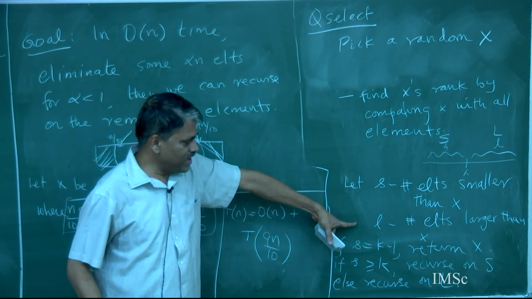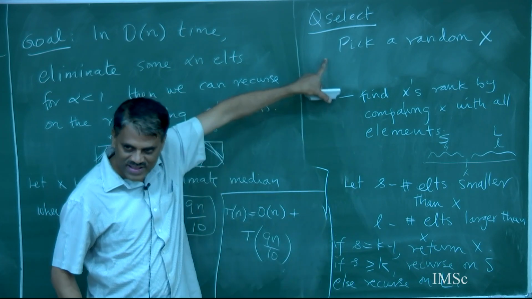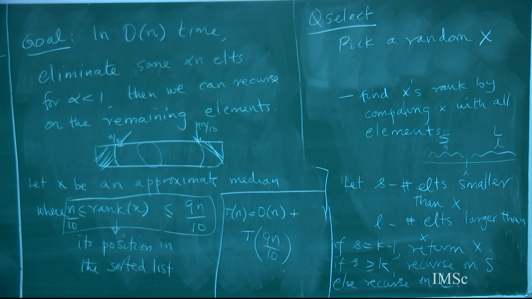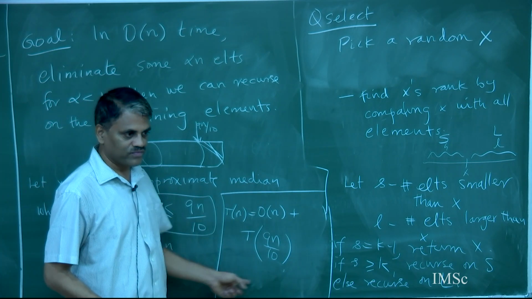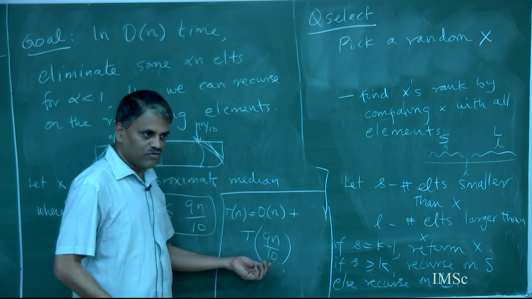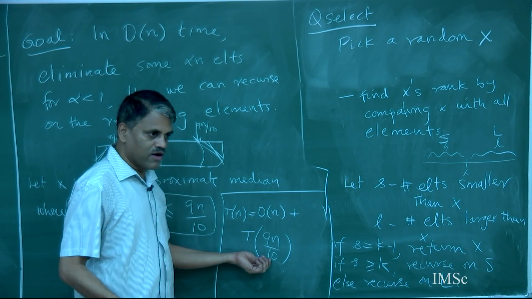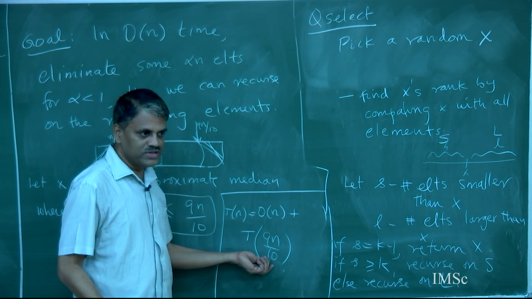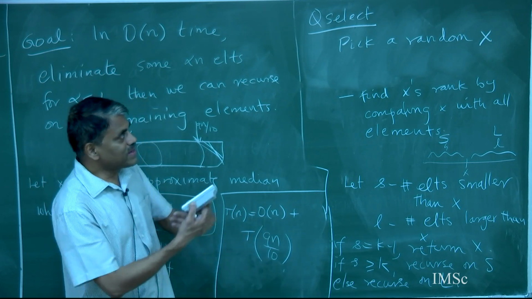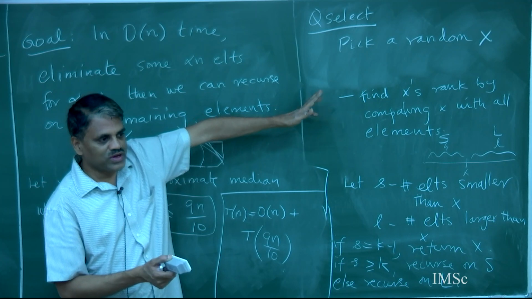Let S be this, L be this, and recurse. With this algorithm, we just made a very quick estimation that it will satisfy this with very high probability. In particular, the recursive portion will be a fraction of the elements, and then you have a linear time algorithm. But let's talk about the worst case. What can be the worst case?